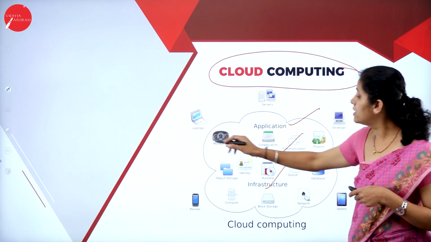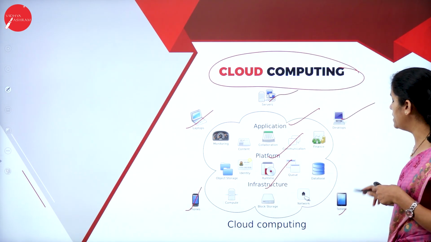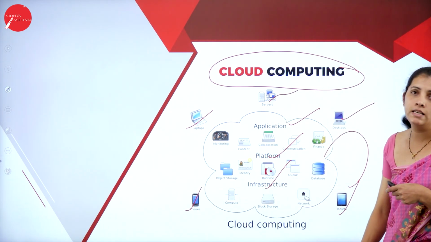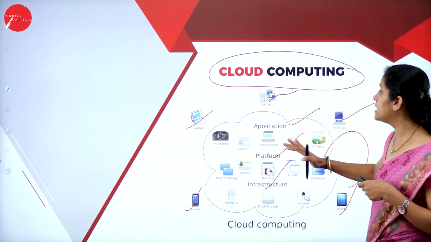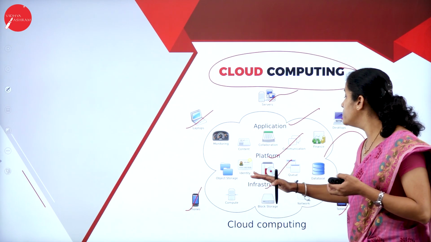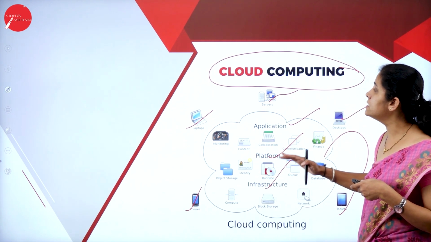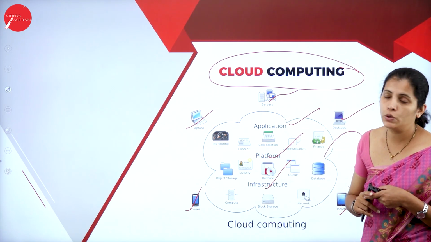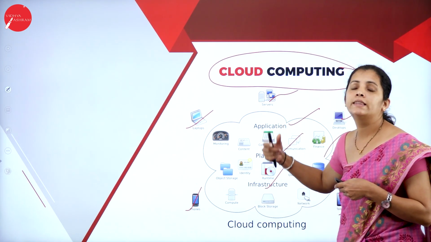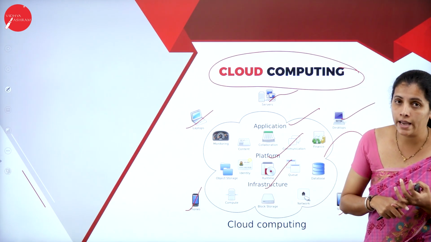So here laptops, phones, servers, desktops, tablets, they can very easily access the data, application, platform, or infrastructure. It is very cost effective and you're going to get all the services within a fraction of a second.